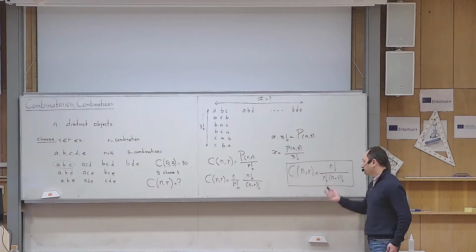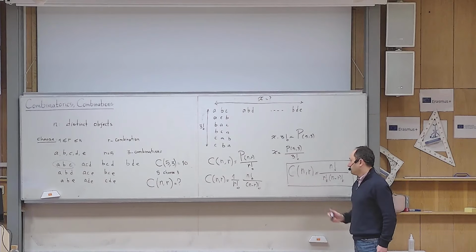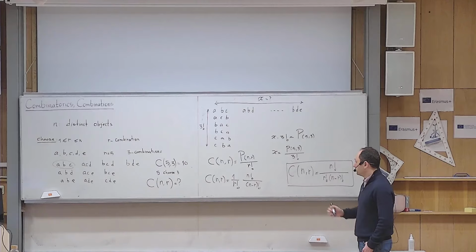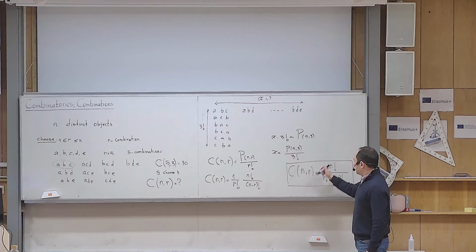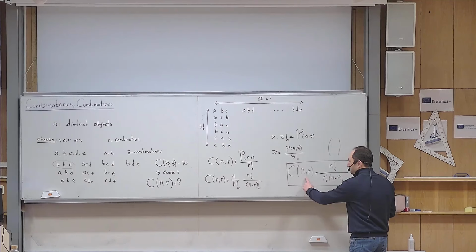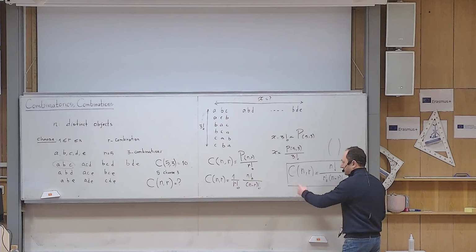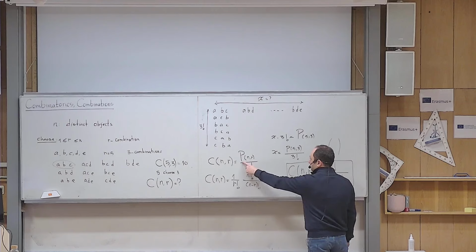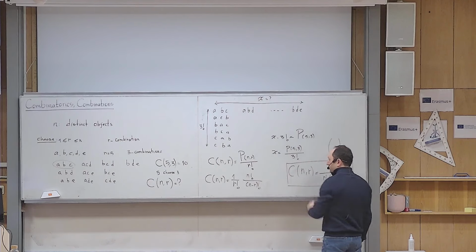And this symbol is not used in your book. They have used this symbol, which I also like. I don't know, this is more common. This is more reasonable because C stands for combination and P for permutation, so it is really a good notation.